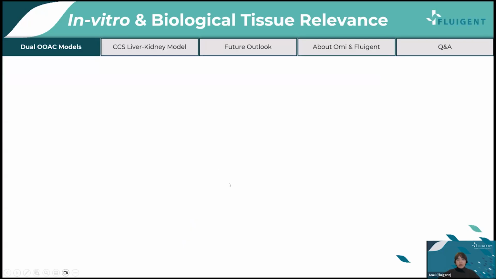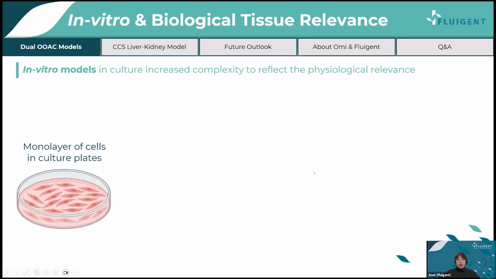Let me begin by introducing the different in vitro platforms that allow us to study different cellular and tissue interactions, and the differences between different types of in vitro models. In vitro models increase in complexity to have a closer physiological relevance. First, we have the 2D monolayer cell culture in Petri dishes, the classical models developed in the early 20th century.